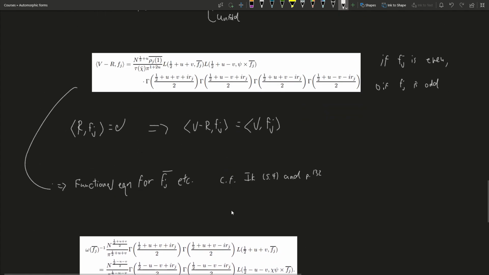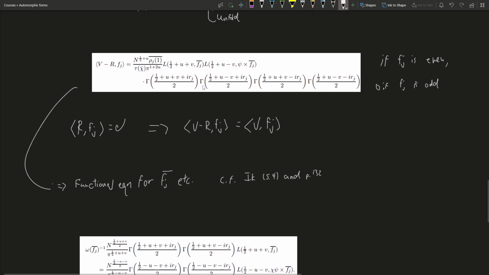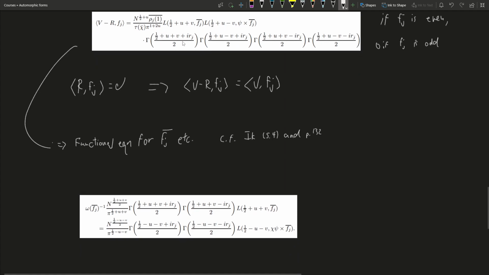What you can do is apply this to the first term, and then if you take this expression and simultaneously exchange u with v and chi with psi, then the same thing must hold, and so that gives you a functional equation for this second factor.